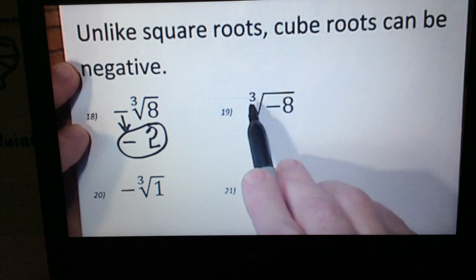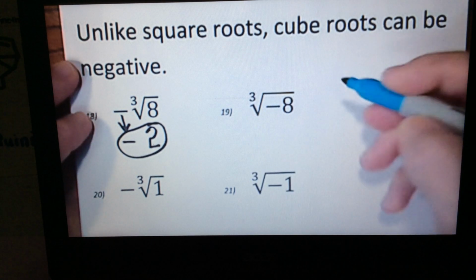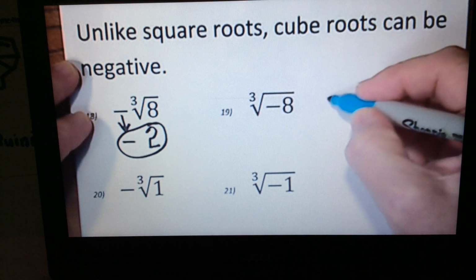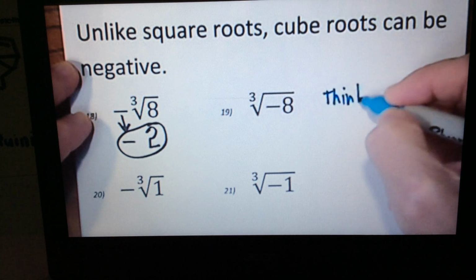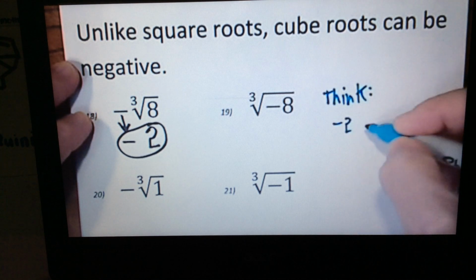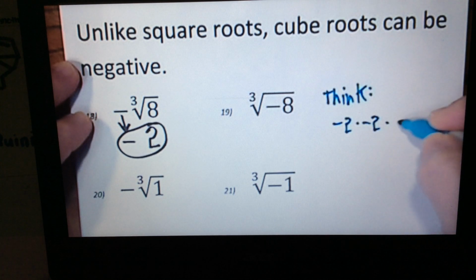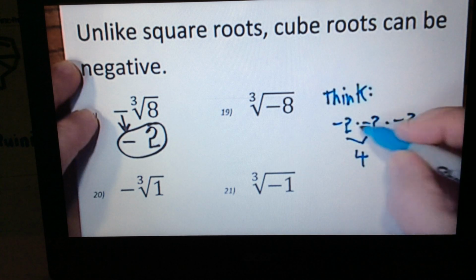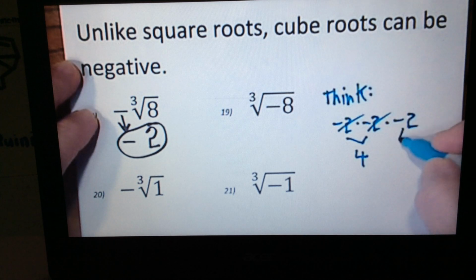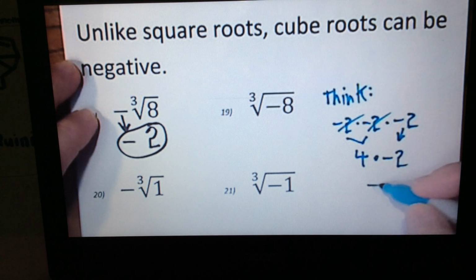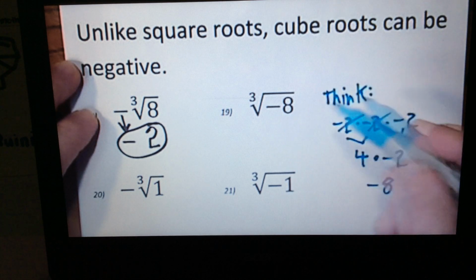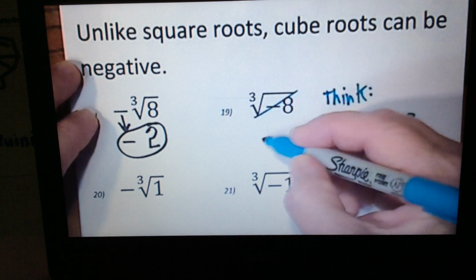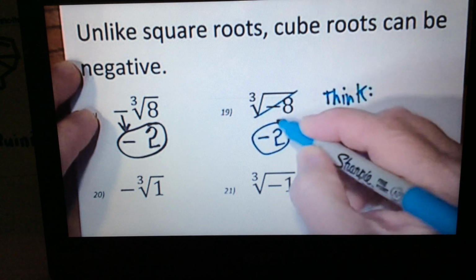But because it's a cube root, we'll try -2 times -2 times -2. These would give you a positive 4. Bring this guy down. Times -2 gives you a -8. So you can see that's what we're looking for. So the cube root of -8 is -2.